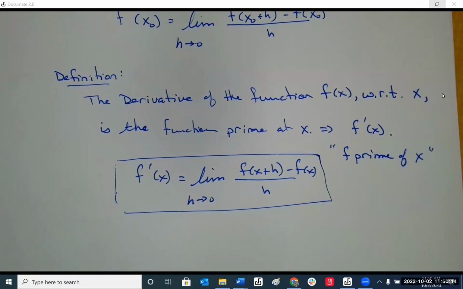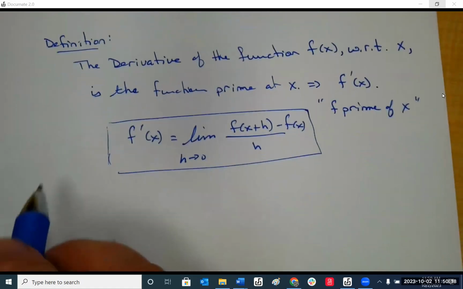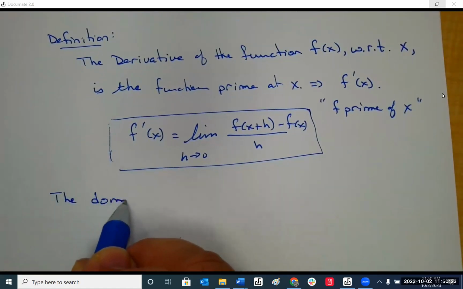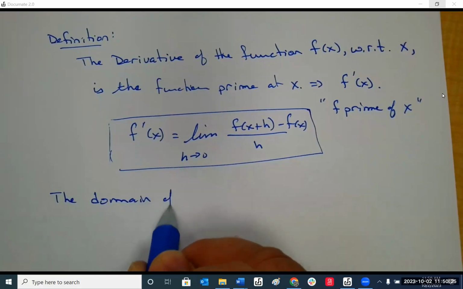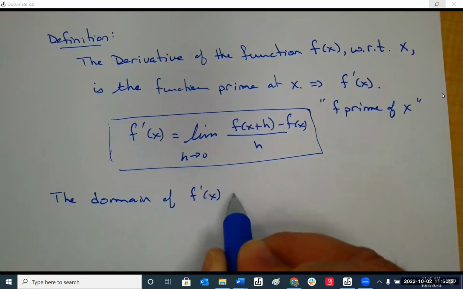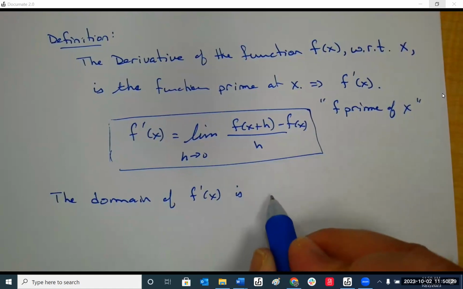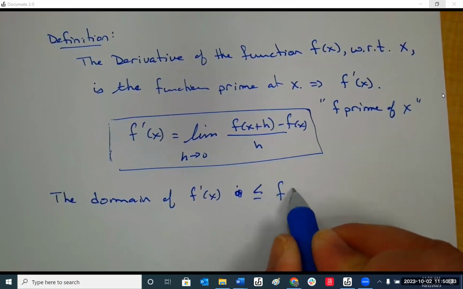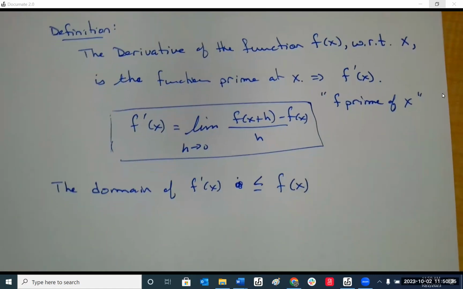This is if it exists, and the domain of f prime of x is less than or equal to that of the original function.